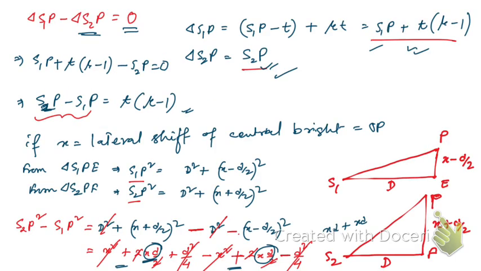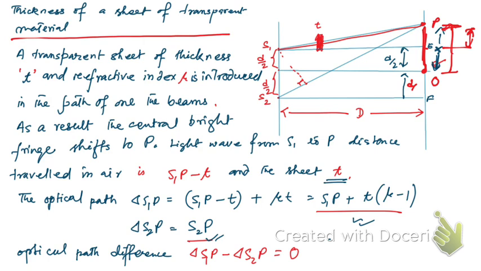Let me tell you one more thing. In this setup, as you can see in the diagram, the length of S2P and S1P and D are not different by a very large margin.